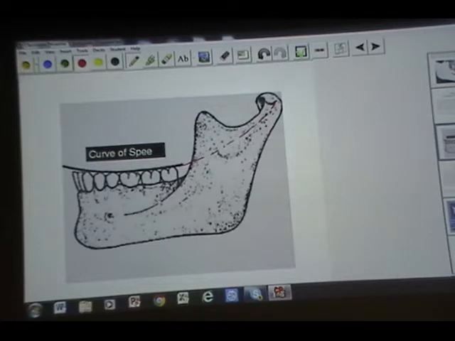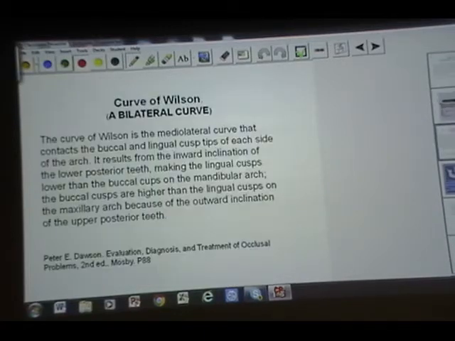Okay. Then Spee wasn't the only one that had to get involved in this. There was this guy Wilson that said, well, let's look at how the teeth are angled buccolingually, and that's something you should know. So, for example, buccal cusps are typically flared laterally on the maxilla, and the lingual cusps are tipped more lingually.